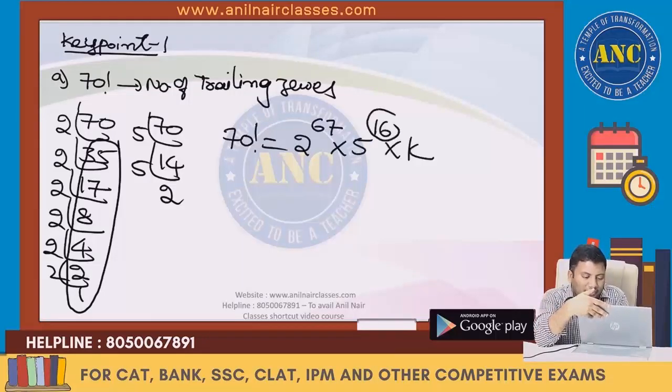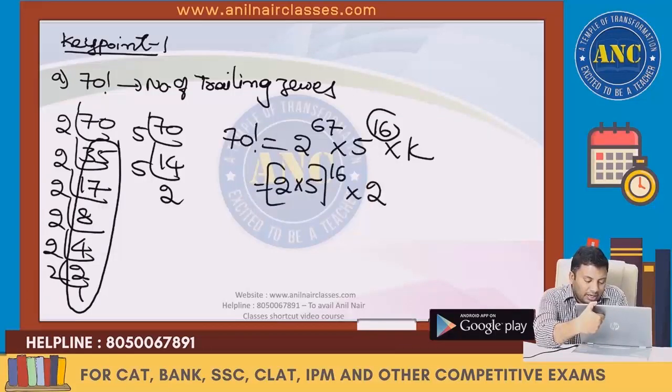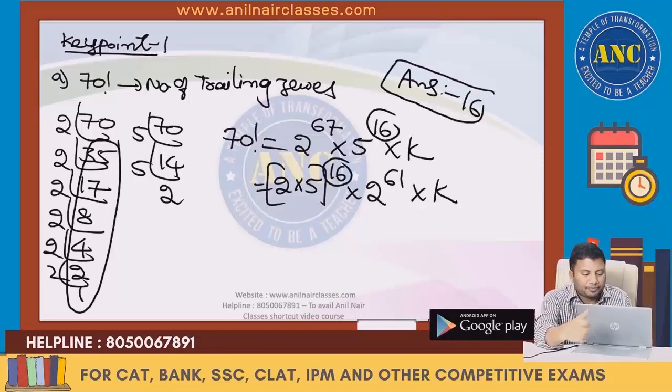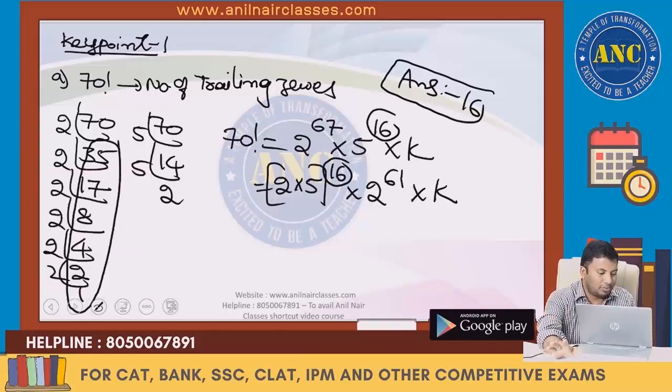Power of 5 is very small compared to power of 2. So what I did is 2 into 5 power 16 into 2 power 61 into k. So the answer I got is 16. What is important here is that power of 5 is very small compared to power of 2, so automatically I took the power of 5.